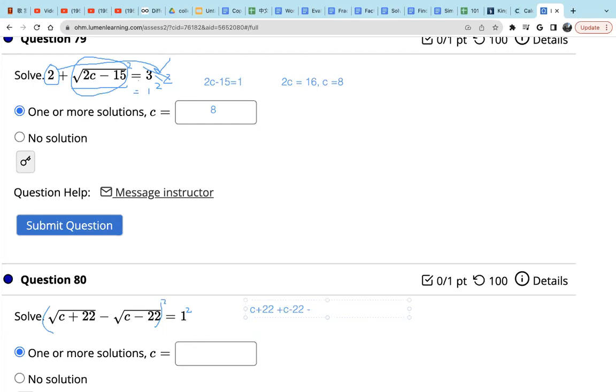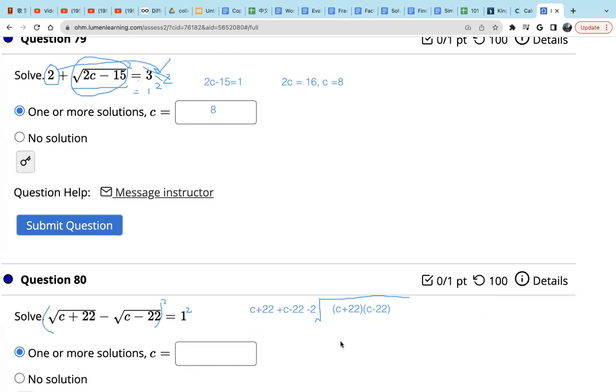Then we get a minus 2 times the square root of those 2 terms. So let me write here, 2 times the square root of c plus 22 times c minus 22.